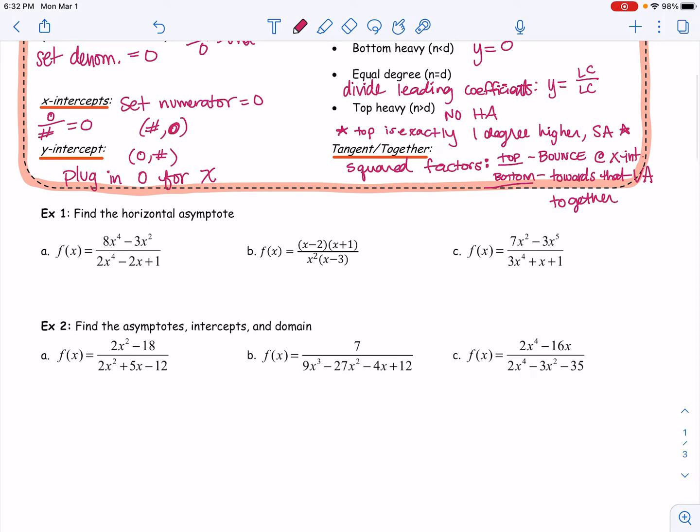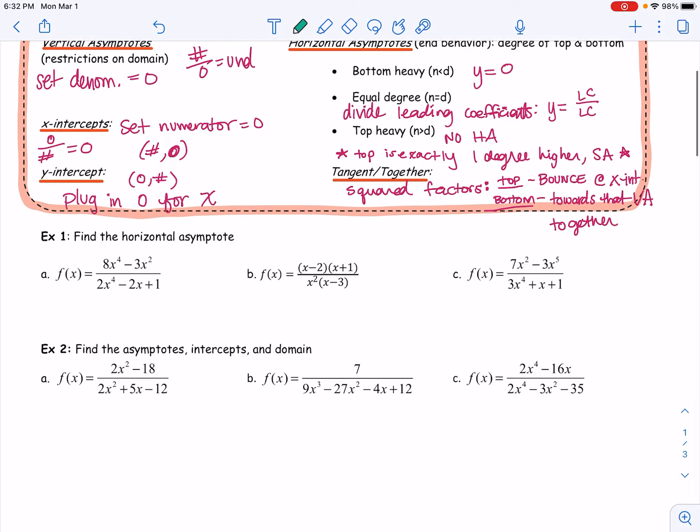So if we notice example 1 is strictly focused on finding the horizontal asymptote. So remember, we're comparing the degree of the top and the bottom. So we're going to determine if it's bottom heavy, equal degree, or top heavy. No need for us to factor it out for just finding the horizontal asymptote unless you want that practice, because as you guessed it, you're going to be factoring a lot.